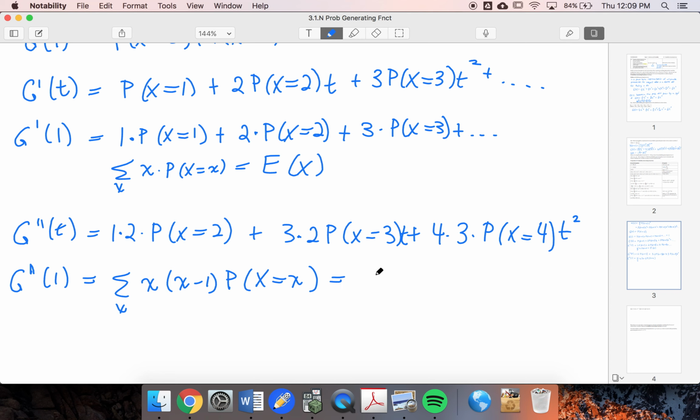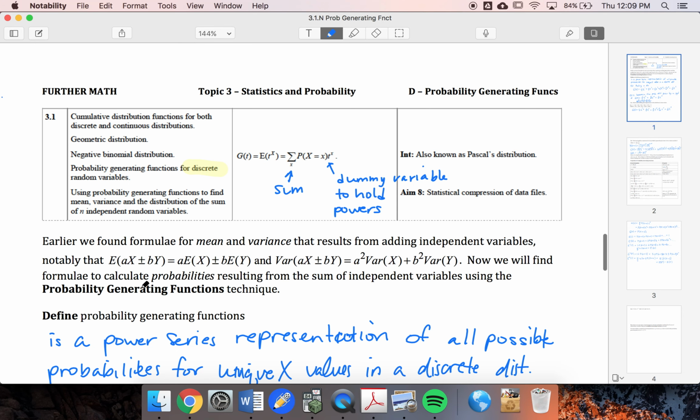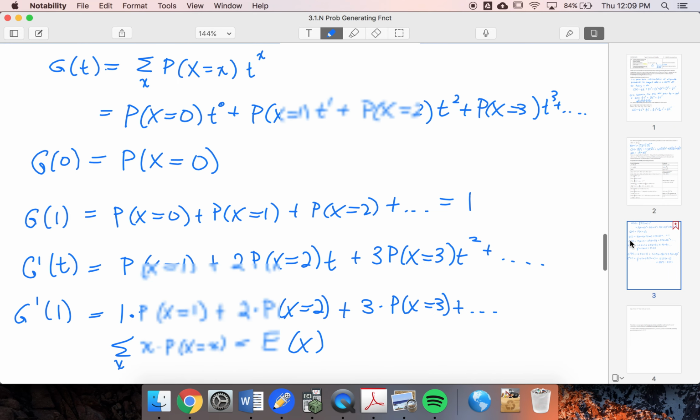And this is the same as the expected value of X times X minus 1. Well, if I expand that, that's E of X squared minus E of X. And I know this because of my original expected value calculations with linear functions.